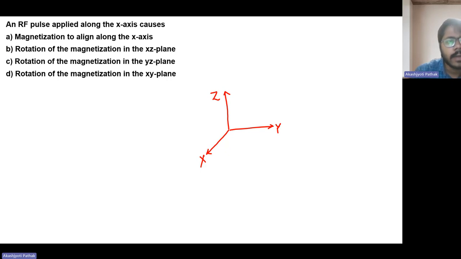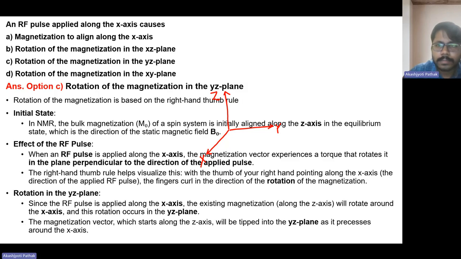If my bulk magnetization is along the z-axis, then application of the RF pulse along the x-axis will tip the bulk magnetization from the z-axis to the xy plane. Okay, so this is the xy plane. So what is the answer given here? Option C. But this is actually wrong.